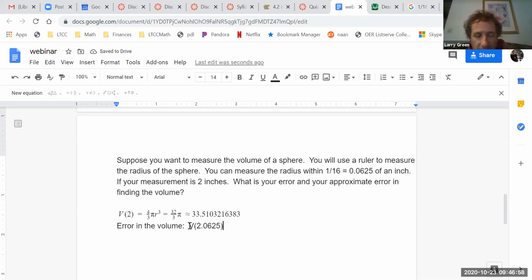Any questions on that? Well, what we can do is we can just put it into the formula. So that's going to be equal to 4/3 pi times 2.0625 cubed.